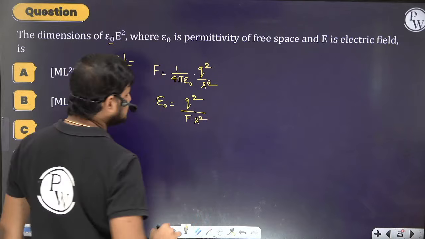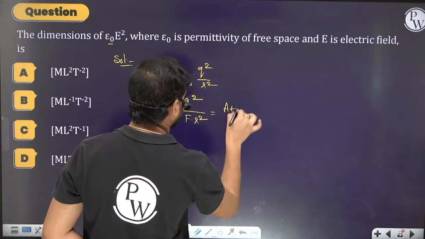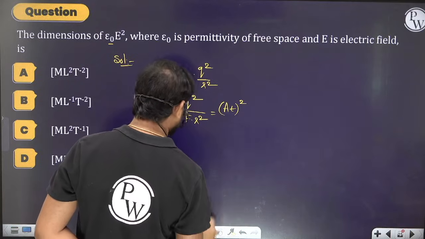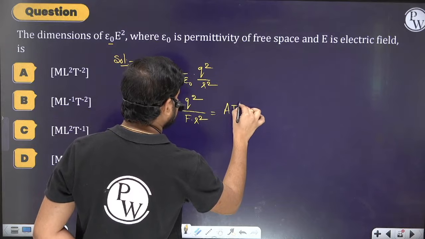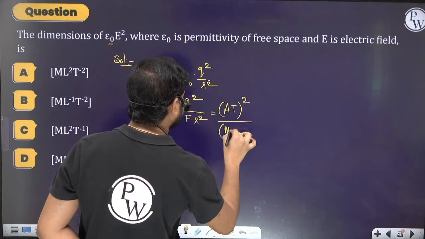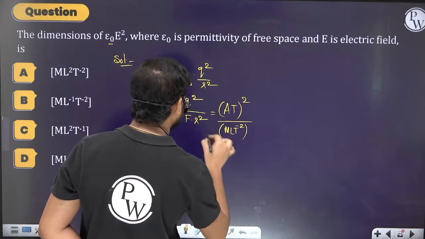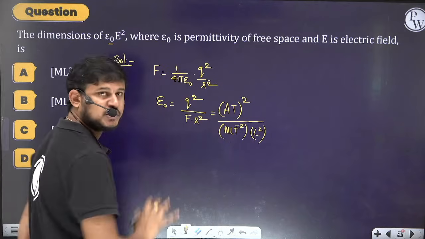Q is the charge, where you can write AT whole square, right? Charge is nothing but current into time. So which is AT whole square by, force we already know, M L T to the power minus 2, and R square L square. From there you get the epsilon naught units, right?